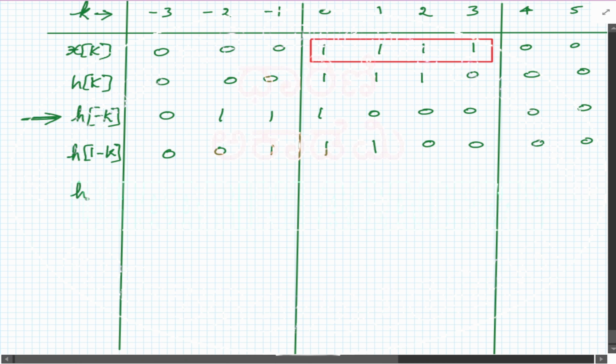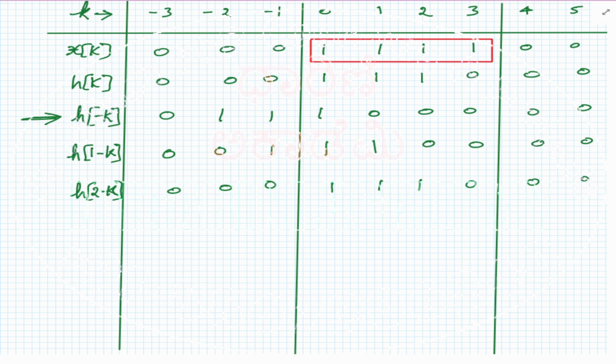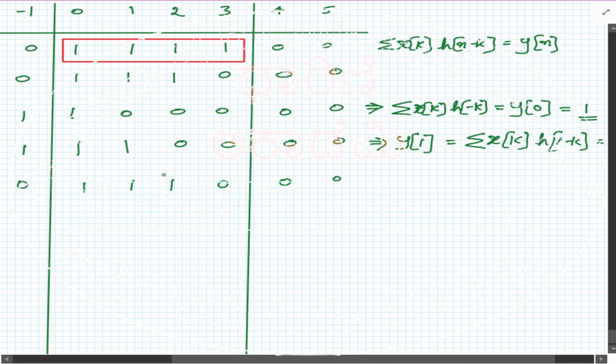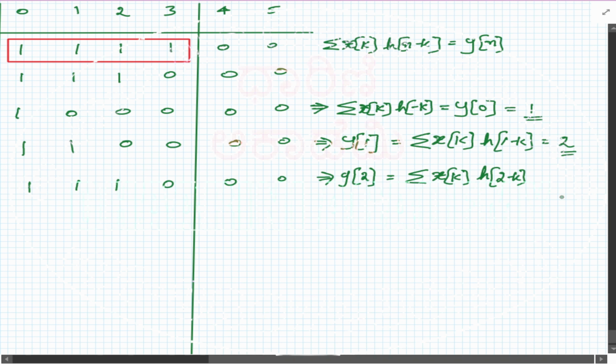Then go ahead, h of 2 minus k. Once again shift everything to the right by 1 unit. So there is one more 0, then 1 1 1 0 0 0. Now this is 1 into 1 plus 1 into 1 plus 1 into 1, so 3. So y of 2 is equal to the summation of x of k into h of 2 minus k, which is equal to 3.